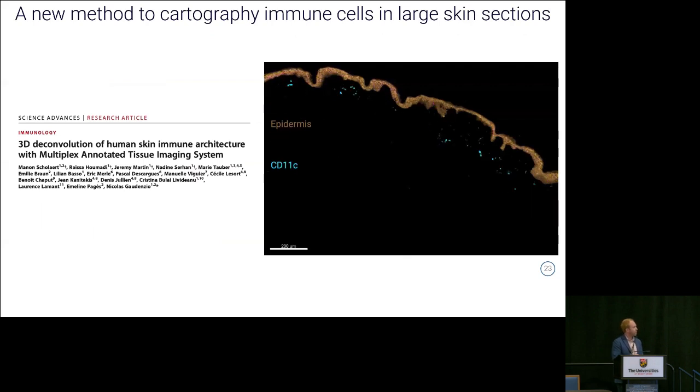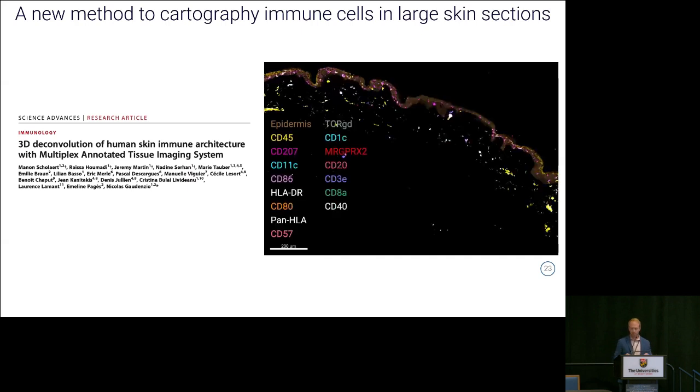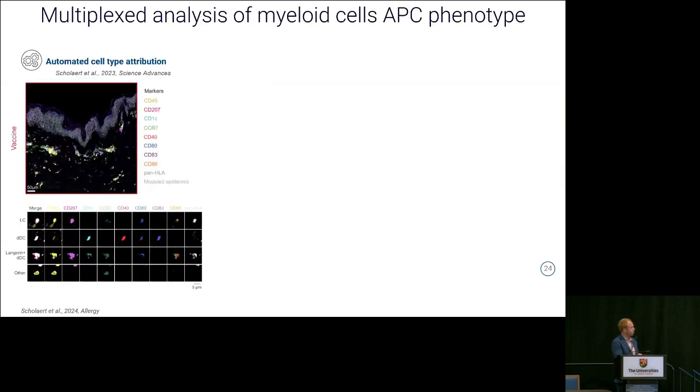Then we recently developed, and that was published in Science Advances last year, a new multiplex imaging system that enabled us to map the immune cells in 3 dimensions within the human skin, including their activation status, their location, etc. We applied that to understand how the immunogenic substance would affect the immune cells at the site of injection.